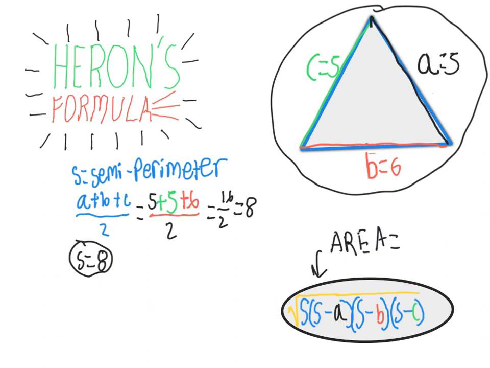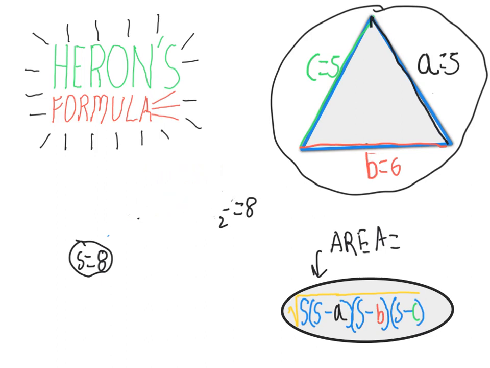Okay, so now that we know the semi-perimeter, and we also know the side lengths, we can find the area of this whole triangle. So substituting a, b, c, and s into Heron's formula, we can find the area. Let's rewrite the formula. Square root of s, and we know s, the semi-perimeter, equals 8.